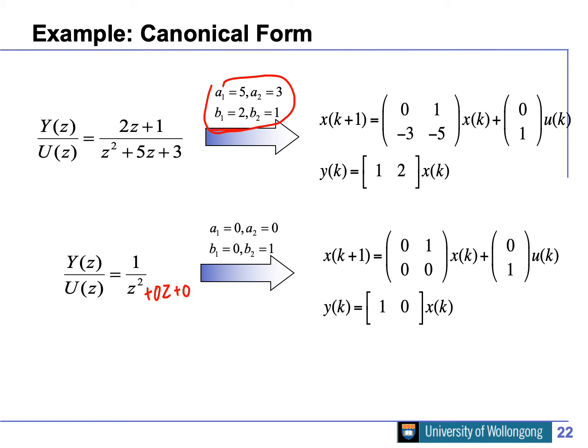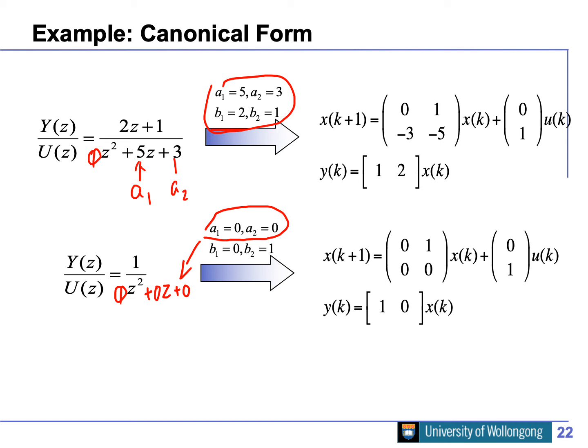So actually A1, A2 is 0. Just to be a little bit careful, we don't really read anything over here. That's always 1. You make sure that that's always 1. That's always 1. Over there, that's always 1. Our A1 starts from the second power. That's A1. I'm just being a little bit cautious. That's A2.